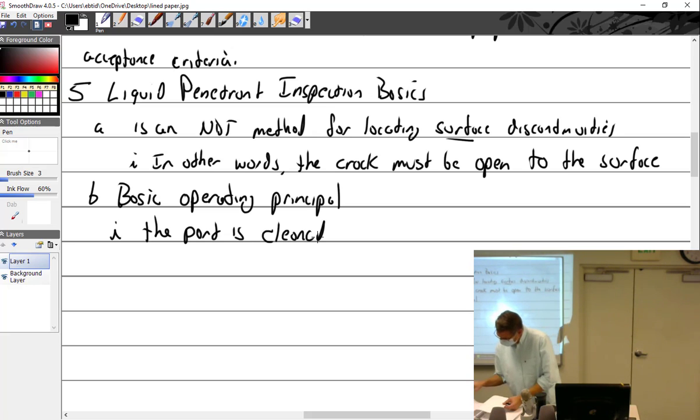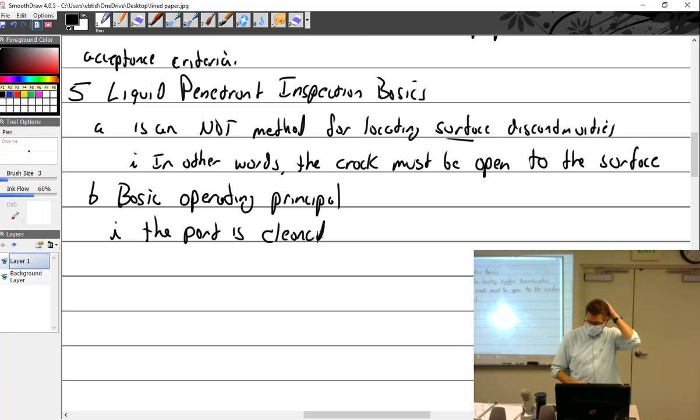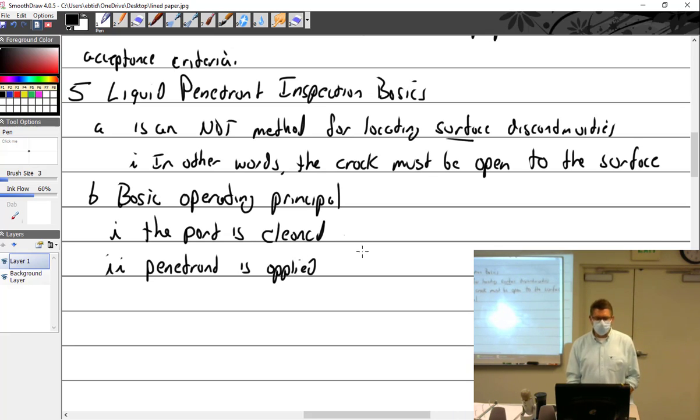I'm going to come back around and go into much more depth on each one of these subjects. Two, penetrant is applied. This whole cleaning process, if you don't clean it right, you're already dead in the water.